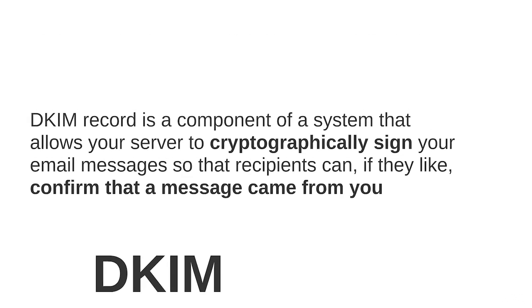This authentication of responsibility for a message is validated via a cryptographic signature and querying the signer's domain to retrieve a public key. In short, a DKIM record is a component of a system that allows your server to cryptographically sign your email messages so that recipients can, if they like, confirm that a message came from you.